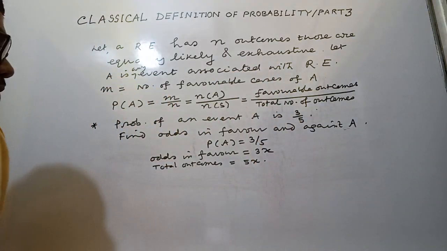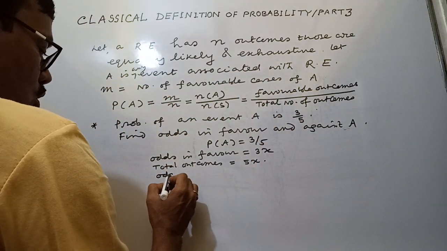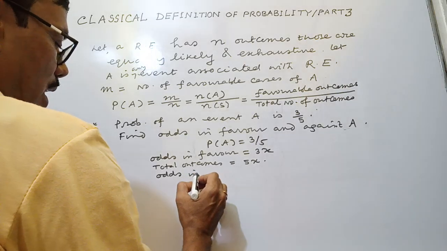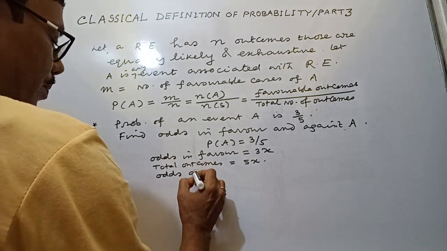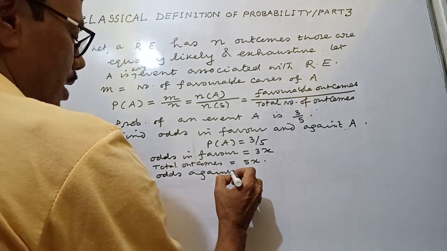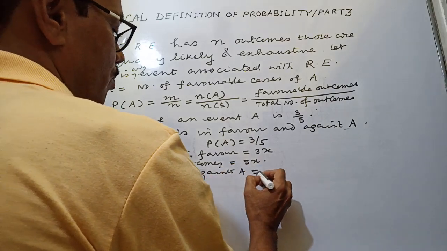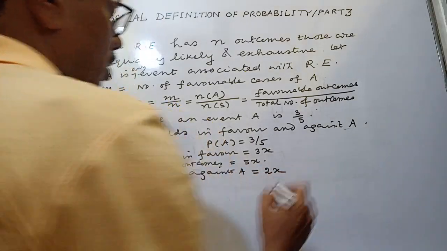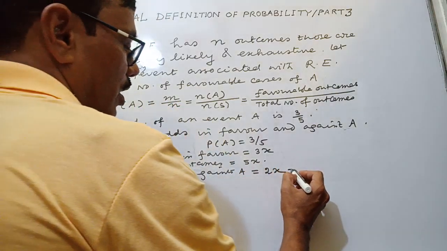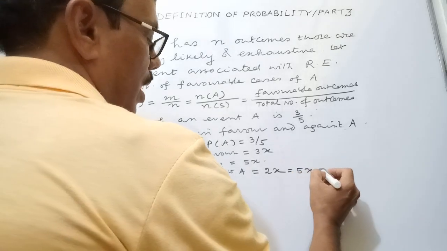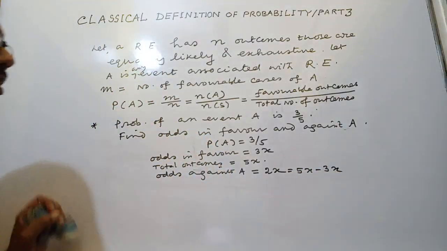So the outcomes against A are the total outcomes minus favorable outcomes, so 2x, obtained as 5x minus 3x.